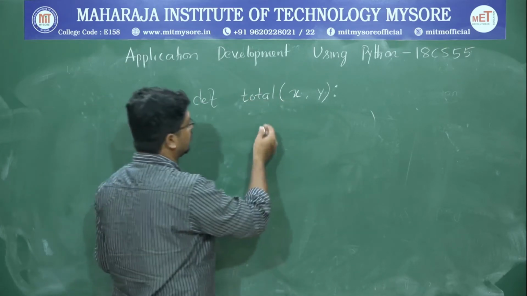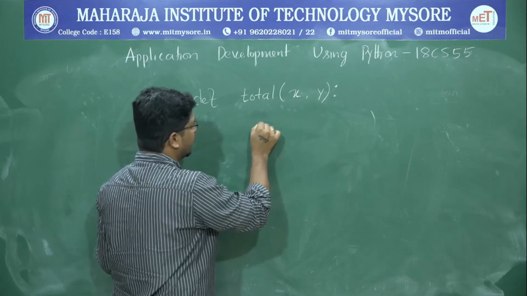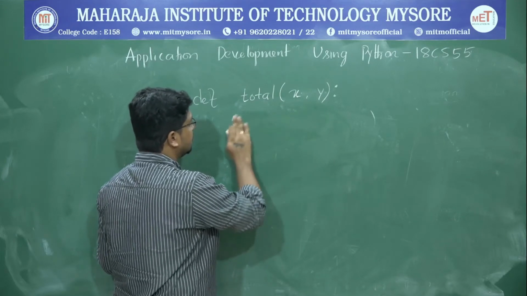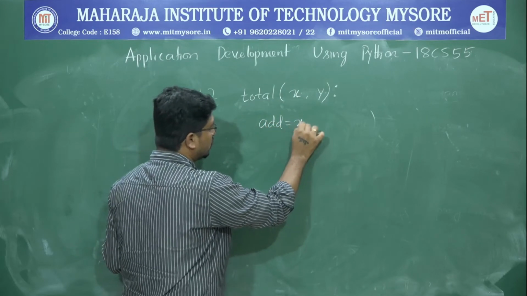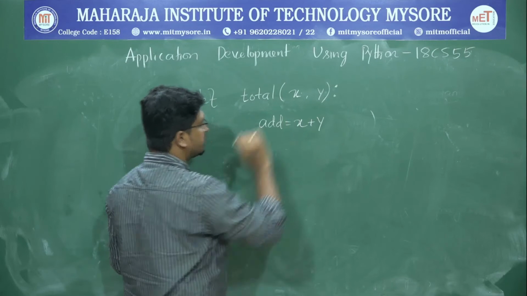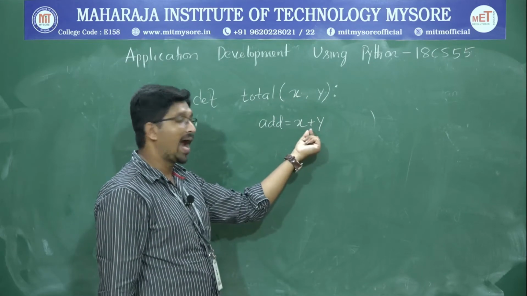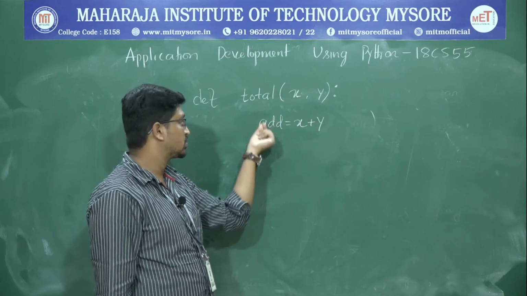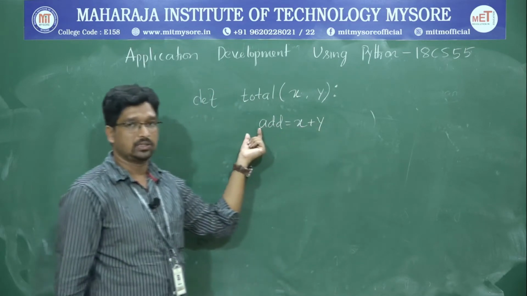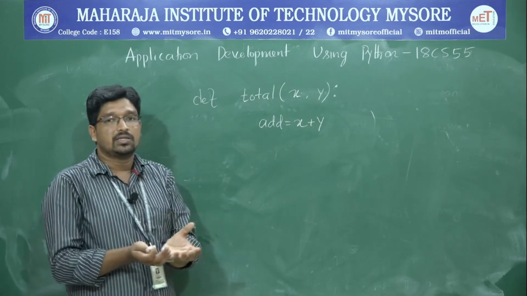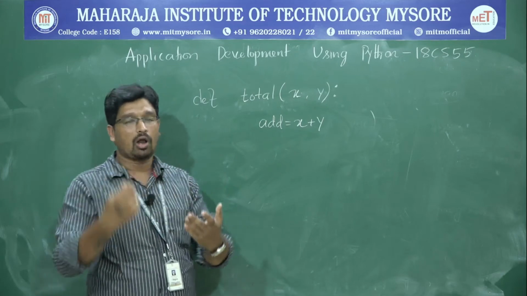If you want, you can take one more variable, let us say add is equal to x plus y. Whenever it receives x y values, it will add those two values and store the result in another variable called add. Then finally, once the result is ready, it has to return the result to the callee.